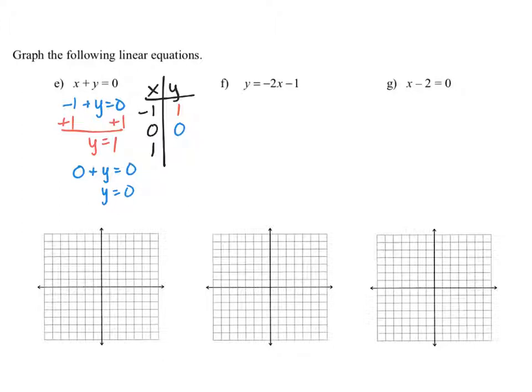So I have my second point. Finally, let's replace the x with 1. So I get 1 plus y is equal to 0. And then I solve this by subtracting 1 from both sides, and I get y equals -1. Now I can plot these points, again labeling the scale in all the directions.